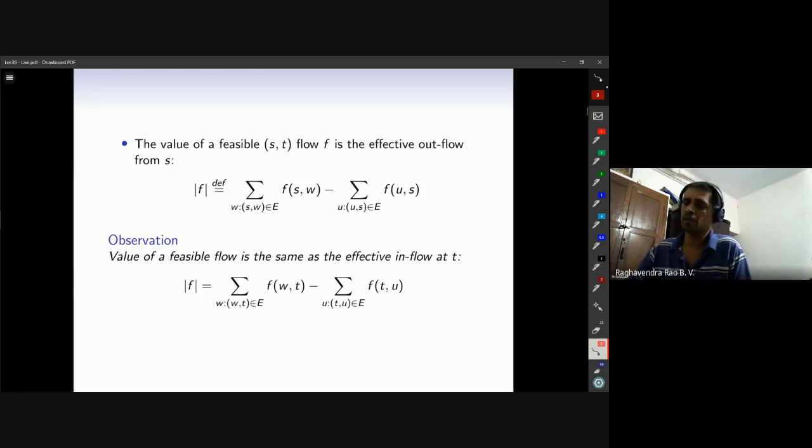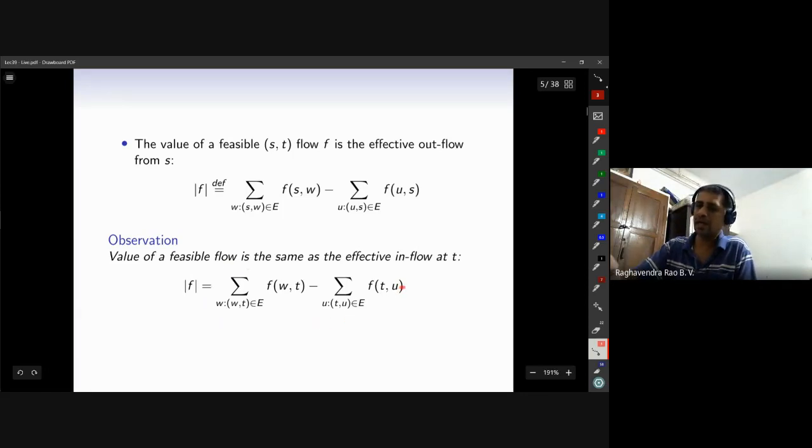One thing that we can easily argue is, by the conservation property, for any other intermediary vertex, the net flow has to be 0. Hence, the effective outflow at S will be equal to the effective inflow at T, that is, the sum of incoming flows minus outgoing flows. This is one interesting property, so I could have defined the value of flow as this.